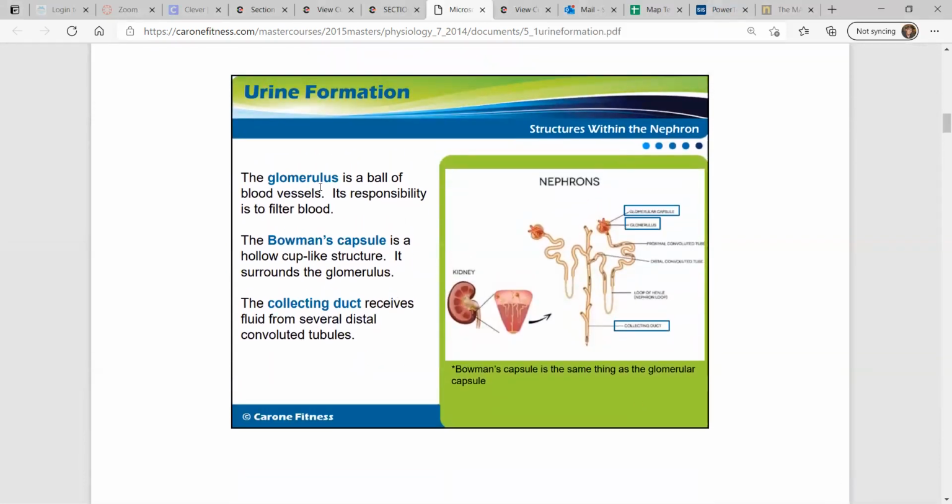The glomerulus is a ball of blood vessels, and its responsibility is to filter blood. The Bowman's capsule is a hollow cup-like structure, and it surrounds the glomerulus.